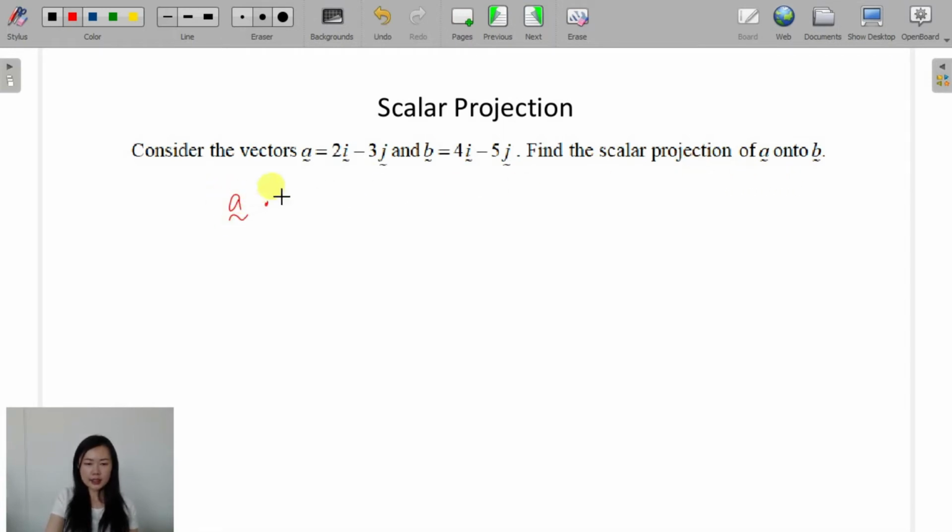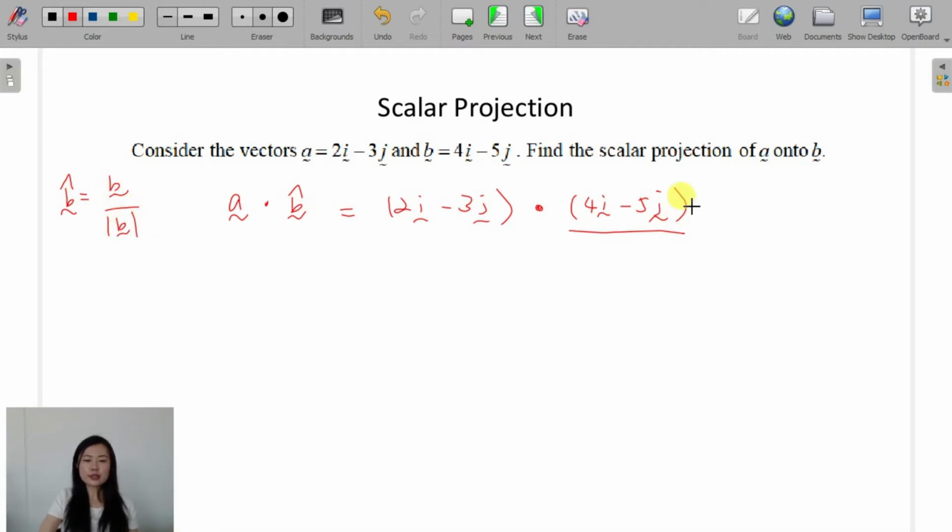Having a look at this one, if we want to project A onto B, and we're looking for the scalar projection, we have 2i minus 3j and 4i minus 5j. Now remember what the unit vector is: vector b over the magnitude of b. So that's what I'm doing here.